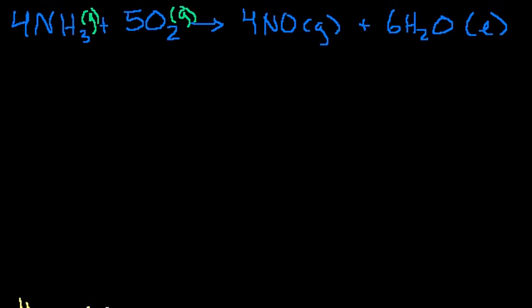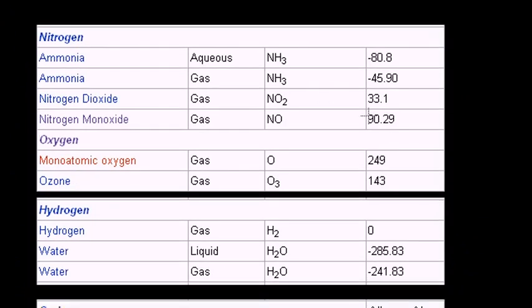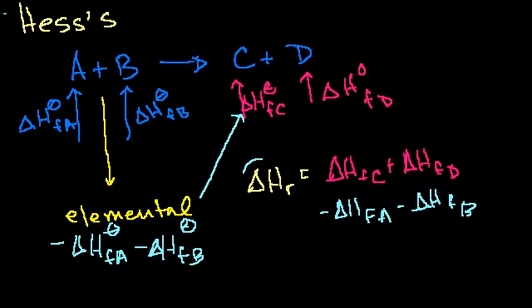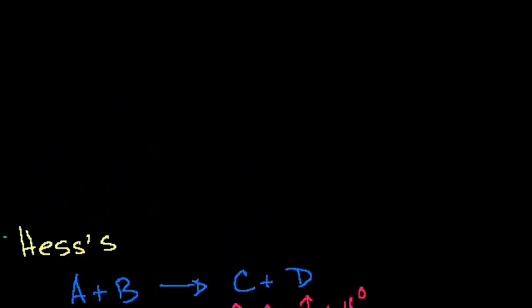Let's start with the ammonia. What's the heat of formation of ammonia? It's always given in kilojoules per mole, so they'll say to form 1 mole of ammonia. This is all cut and paste from Wikipedia. And am I starting in the gaseous or the aqueous state? I'm starting in the gaseous state, so I added that G there.